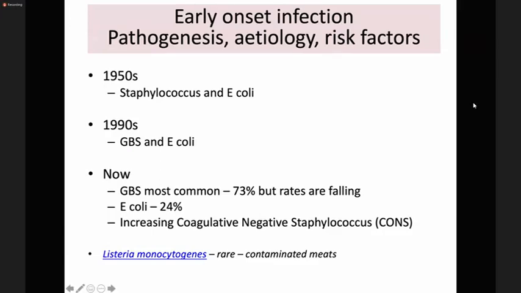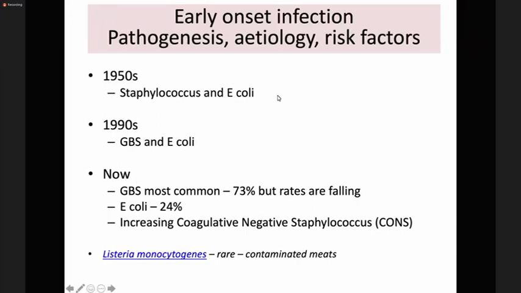Can anyone think what that is? No? Okay. So Staphylococcus is on the skin, right? So if we wash our hands, the chances of Staphylococcus being spread from healthcare workers or somebody else to a baby is less. So with improved hand washing, Staphylococcus has become less from 1950 to 1990.